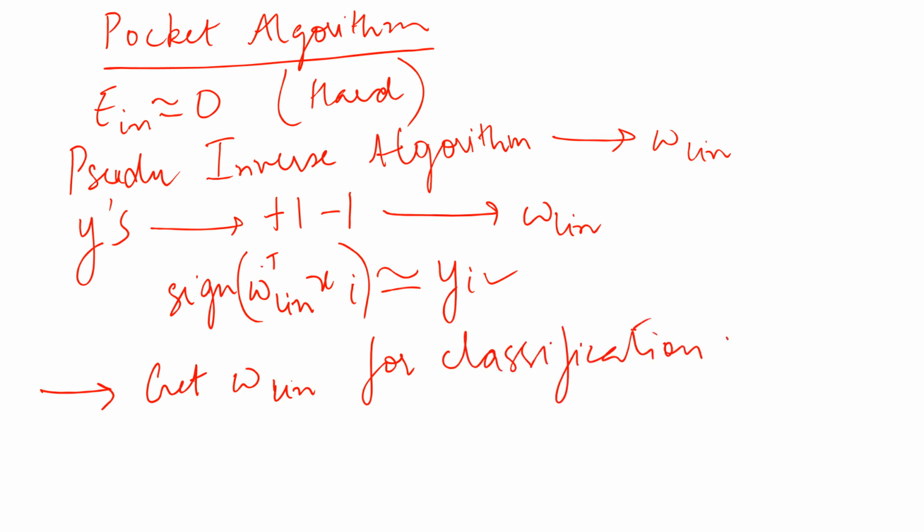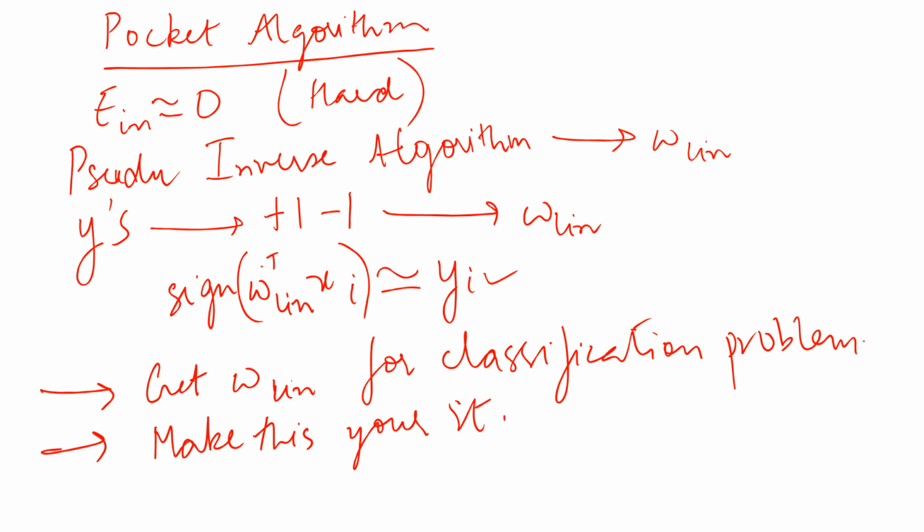Once I have it, because of the performance of the pseudo-inverse algorithm, I know that this is a good starting point for my pocket algorithm. So make this your starting point, and it has been found that this is a really efficient way of getting a good result out of the pocket algorithm.